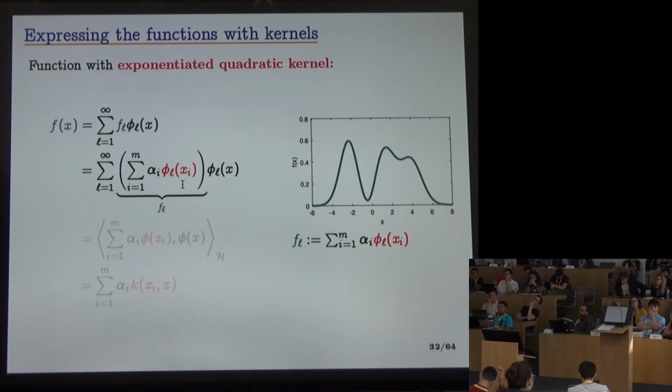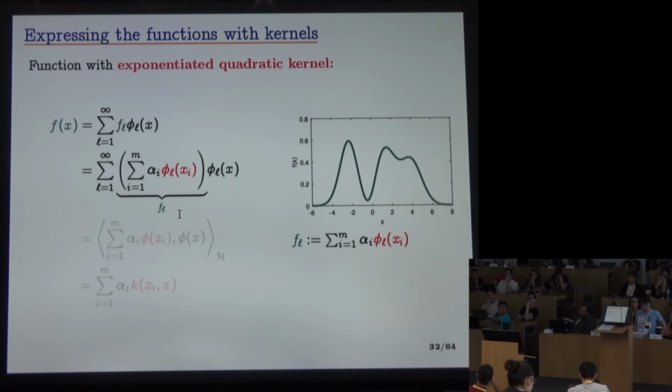There are infinitely many such features. I take a weighted sum of phi of xi with weights alpha. There are m of these xi's and m of these alphas, and this gives me my f, my vector of coefficients. So I've constructed this vector using a sum of features of a few points that I've chosen. I'm allowed to do that.